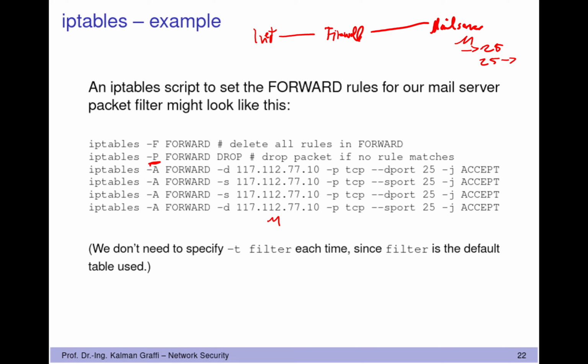If all rules before have been checked and there's no matching rule, then this default rule would be applied. So let's have a look. We want to only allow messages to port 25 on our server. Did we realize that? Is it done? Is it good?